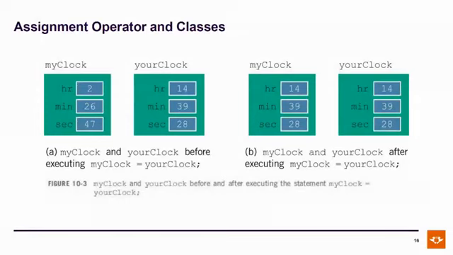Normal primitive values like integers and doubles and booleans and characters will all work perfectly fine. Things that won't work fine will be fixed length and dynamic arrays, or anything that's been allocated with new internally. Those will suffer what we call a shallow copy, where only the pointer, for example, in a dynamic array will be copied, not the contents of the array, which can be very, very dangerous.